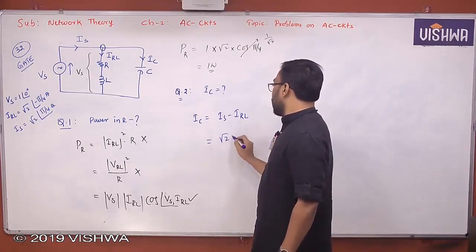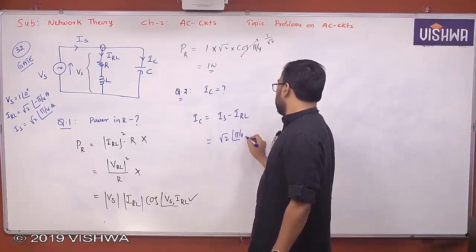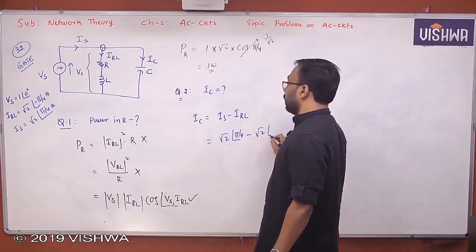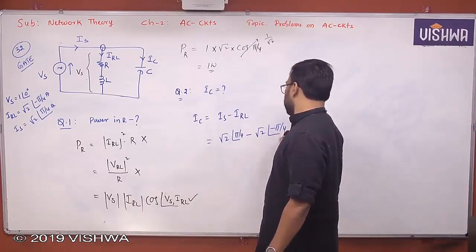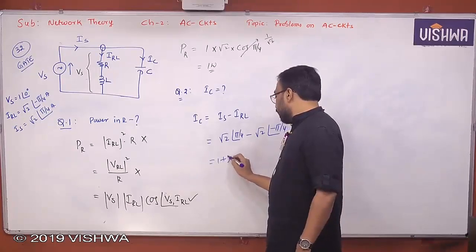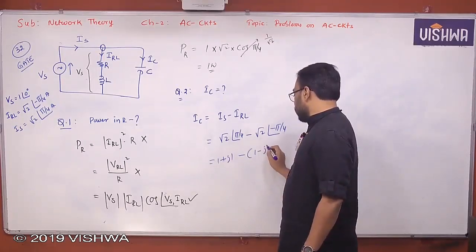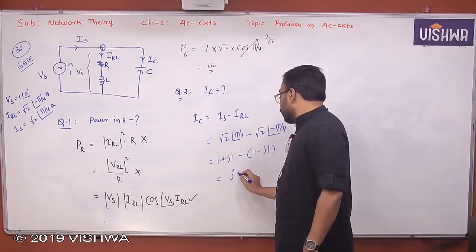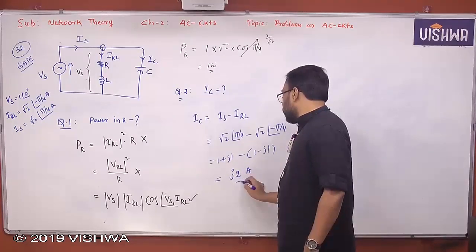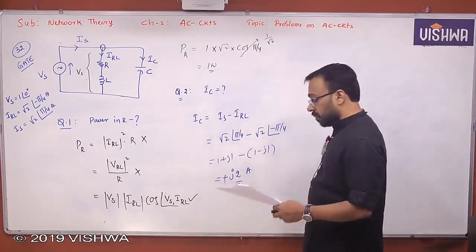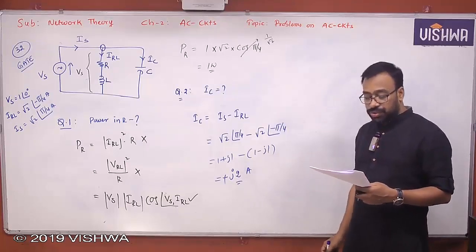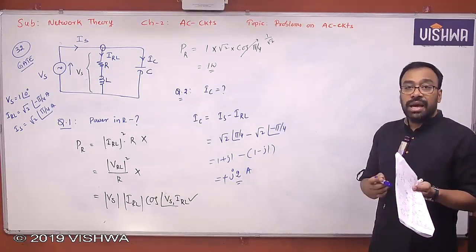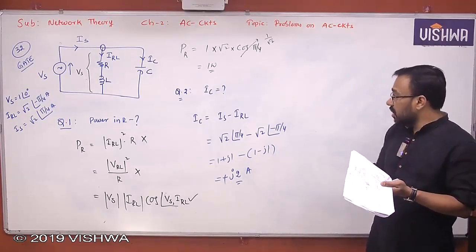Root 2 at an angle of pi by 4 minus root 2 at an angle of minus pi by 4. So 1 plus j1 minus (1 minus j1). The 1 gets cancelled. j2 amperes is correct, so option D is correct. Understand all of you? This is how you can solve the problem.